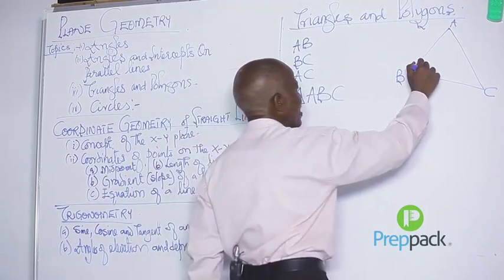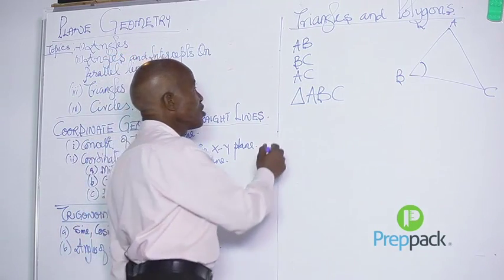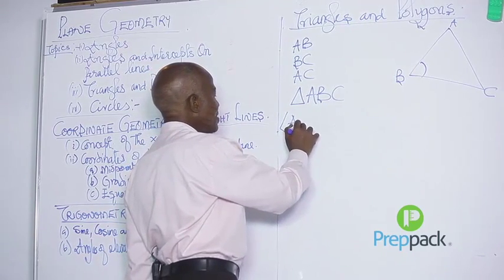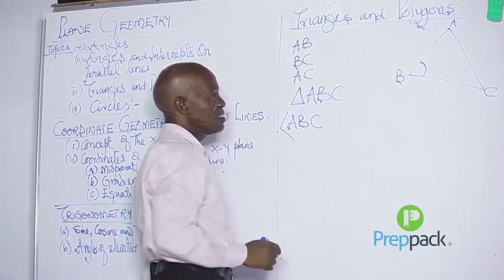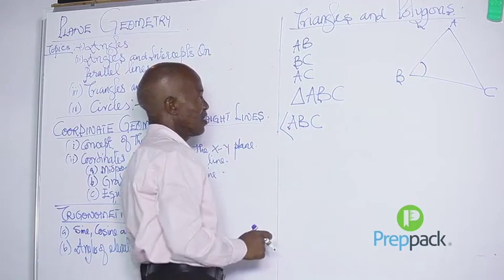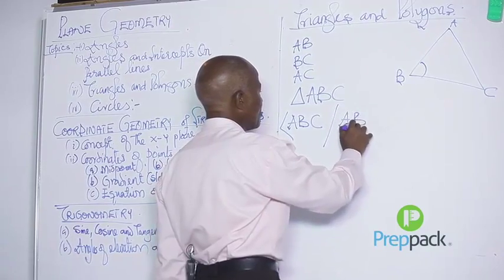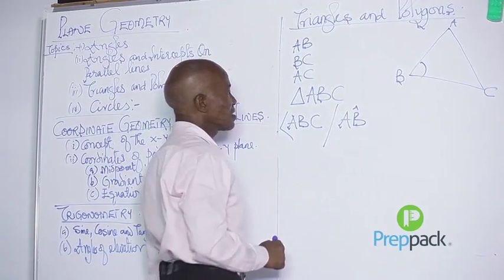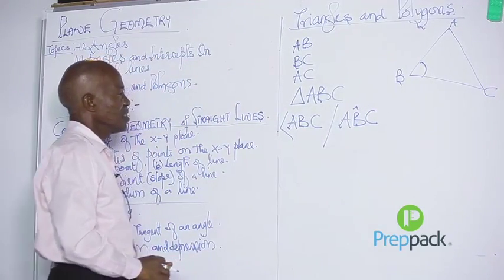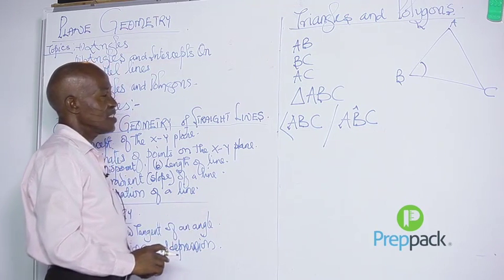We can name these angles. Angle B could be written as angle ABC. The middle letter contains the angle. Or it could be written as A, B, that sign, C, which tells you that B is where the angle under reference is.